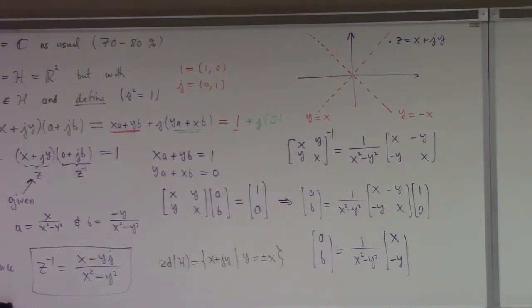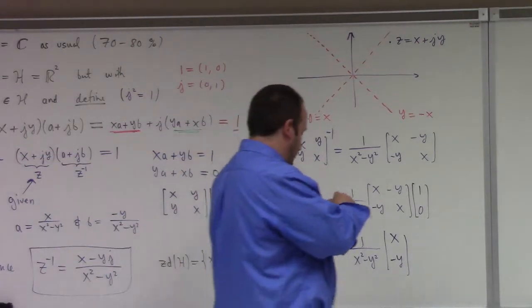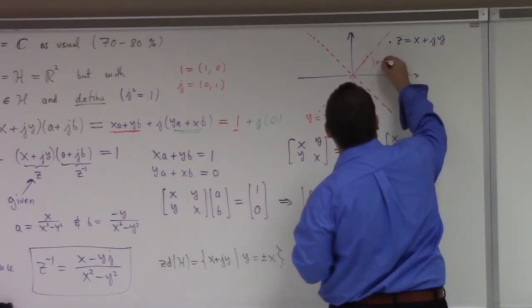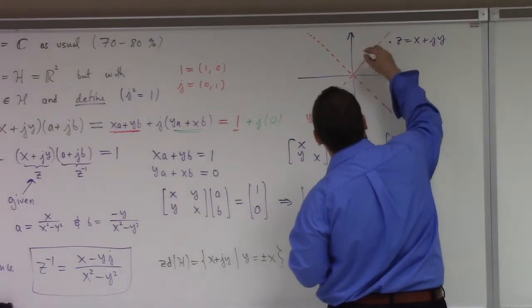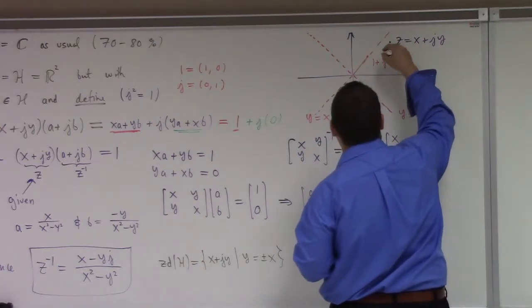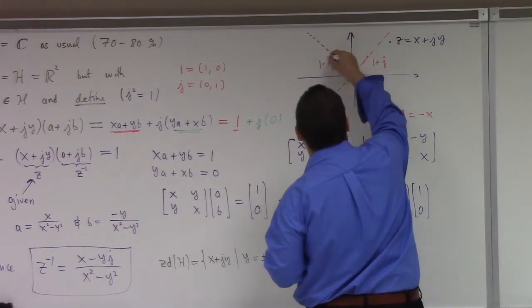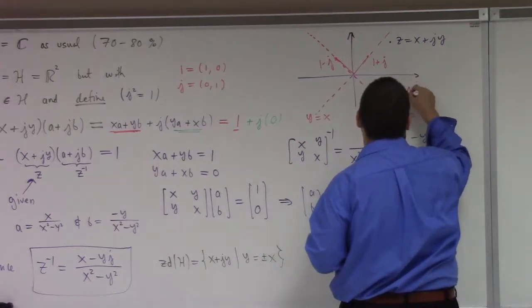Here's a specific example of that. For example, if you look at this, this is 1 plus j. So if we look at 1 plus j and we look at over here, 1 minus j, what happens when you do 1 plus j times 1 minus j?